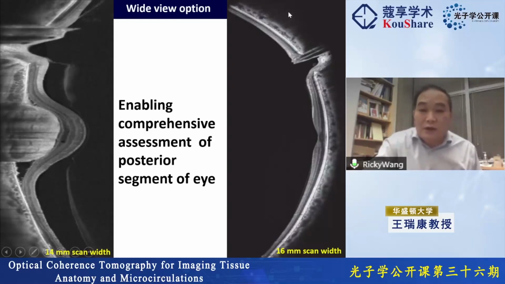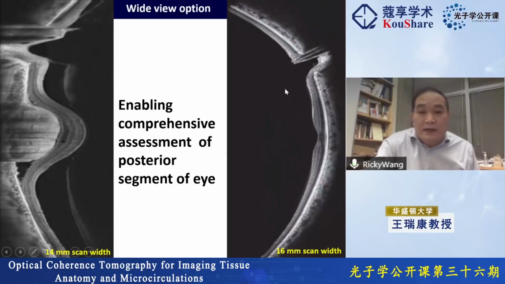So looking at the peripheral region is very important. In this case, fast OCT imaging affords you wide field of view imaging, so that you can look at diabetes or even uveitis.